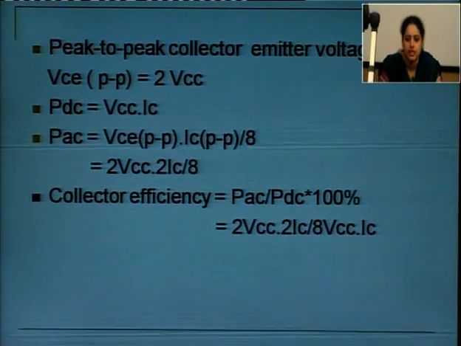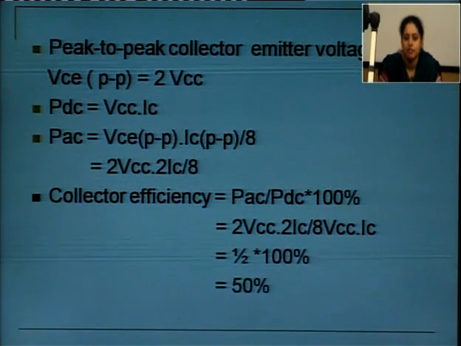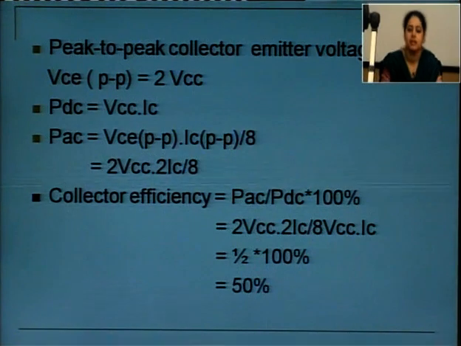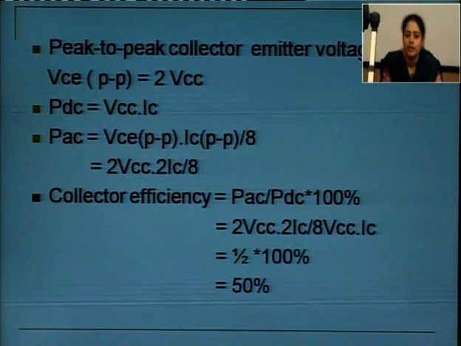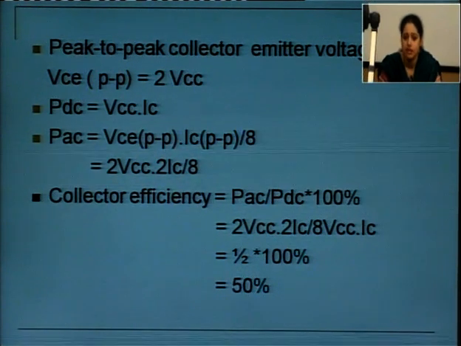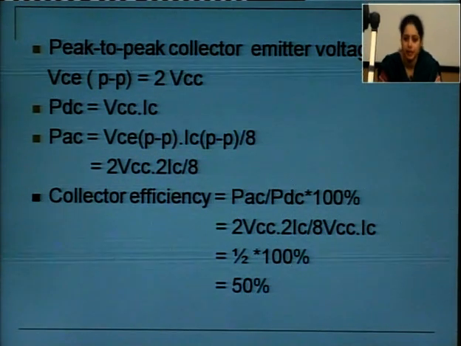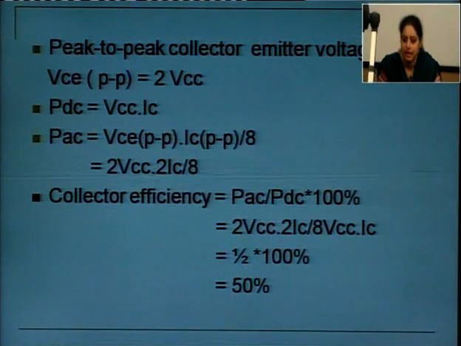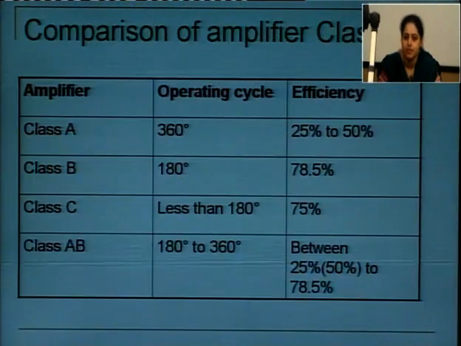Now substituting these values we are having 50%, that is the collector efficiency of your class A power amplifier is 50%. This 50% is again a theoretical ideal value, but in practical it can be a maximum collector efficiency of 35%. Because of the power losses, coupling losses and transformer losses, this efficiency is reduced.